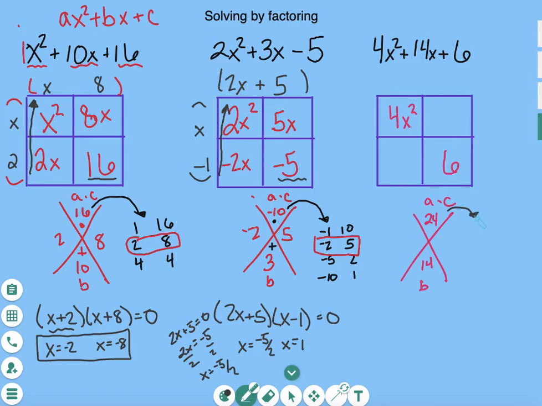If you're ever having trouble figuring it out, make a list of the factors of the number we're trying to multiply to make. So 1 times 24, 2 times 12, 3 times 8, and 4 times 6. And I'm looking for the pair that adds to 14, which in this case would be the 2 and the 12.